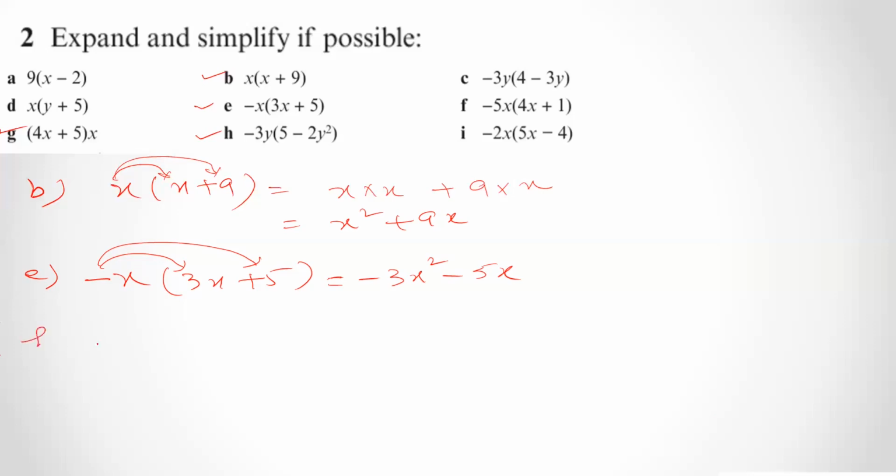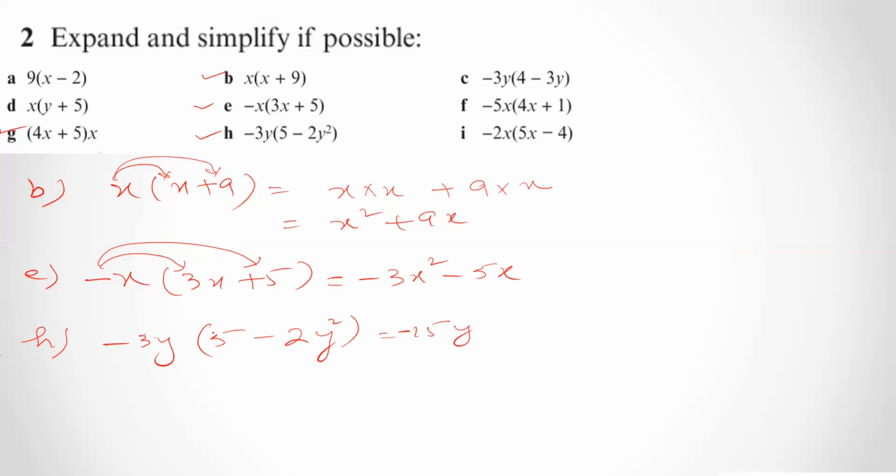H. Negative 3y, 5 minus 2y square. Now, again we do the same thing. Negative 3y times 5. So it will be 5 times 3 is 15, but the negative sign will be there and y will remain as it is.